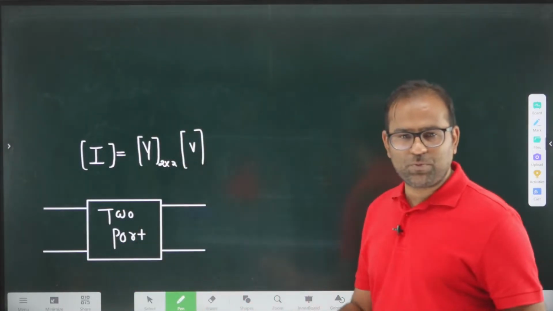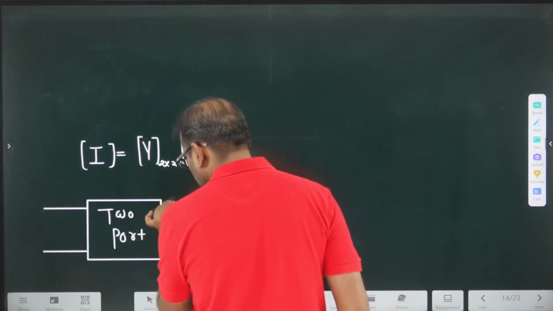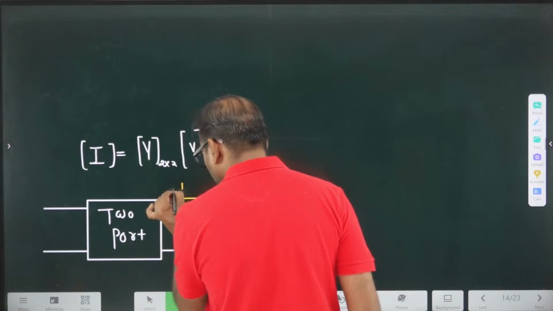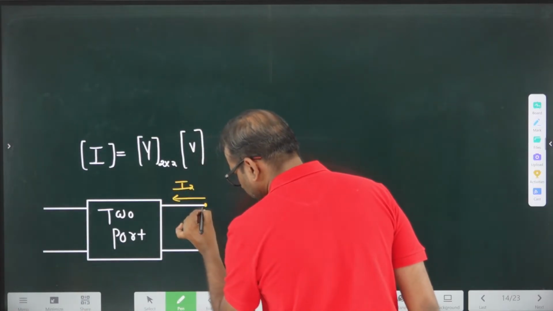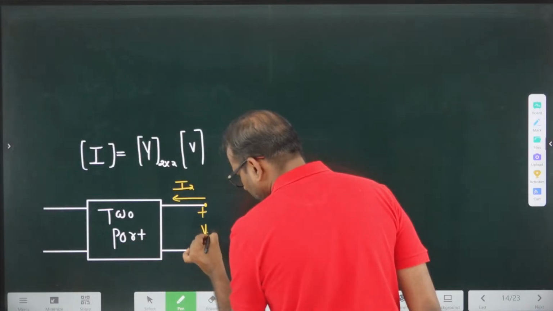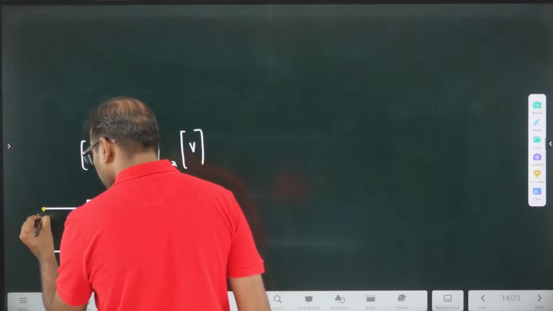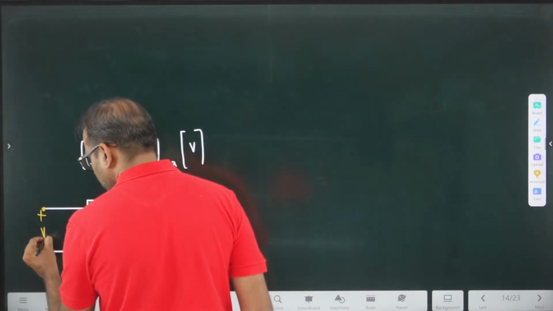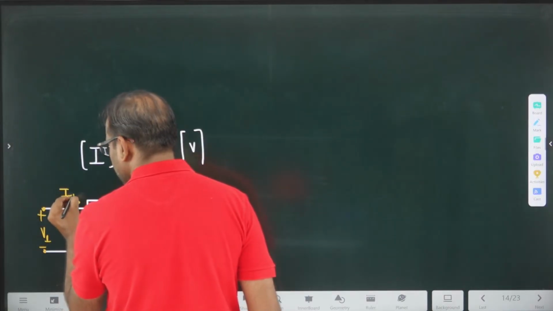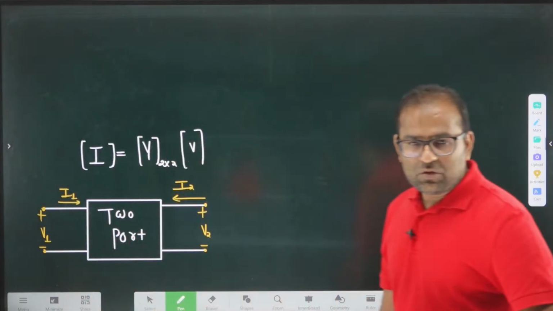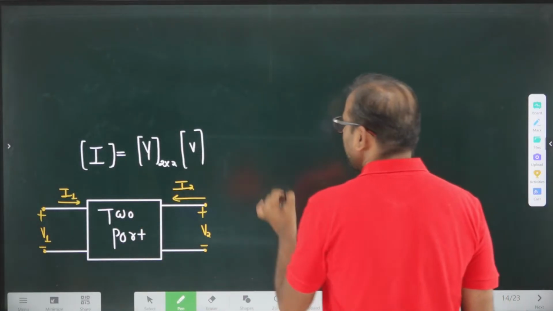If this is my two port network, how is everything defined? This value is I2, this value I am calling V2, this value I am calling V1, and the current going inside the network I am calling I1.